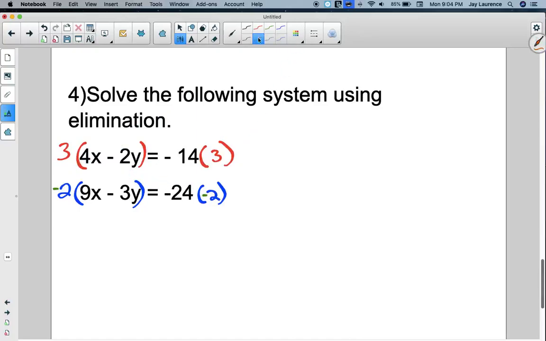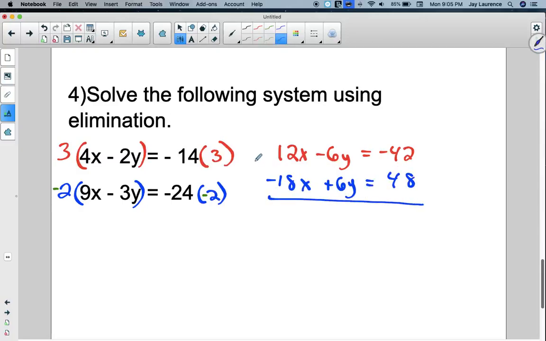And so my red equation is going to become 12x minus 6y equals negative 42. And then the bottom equation is going to become negative 18x plus 6y, and that's going to equal a positive 48.